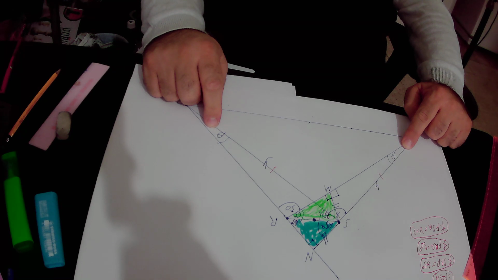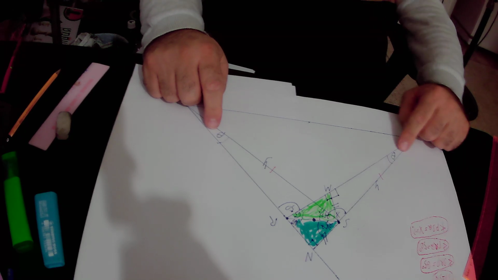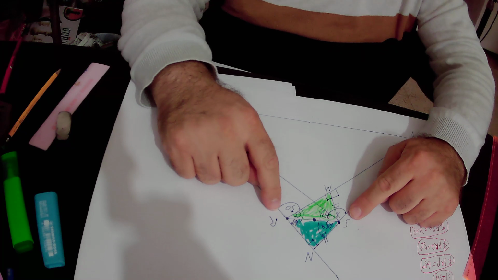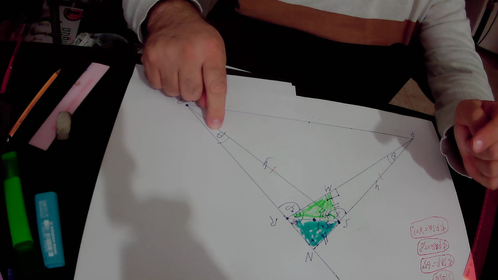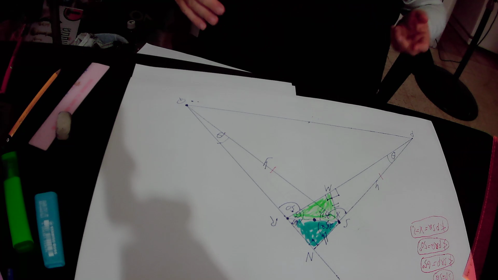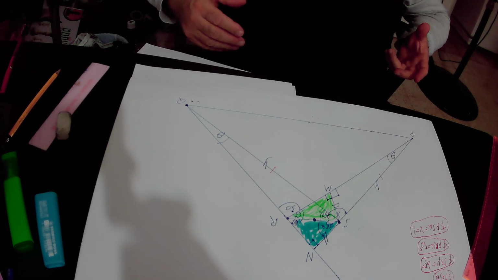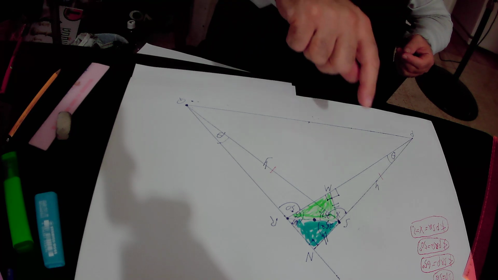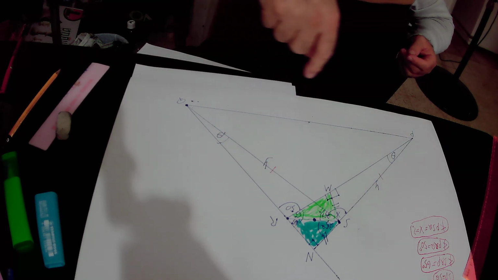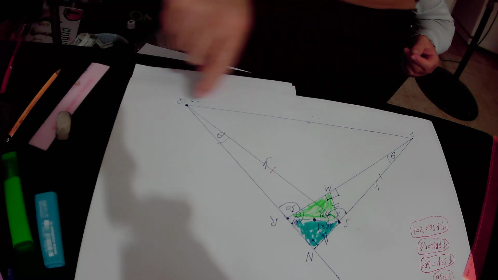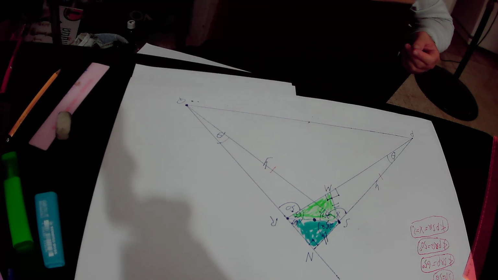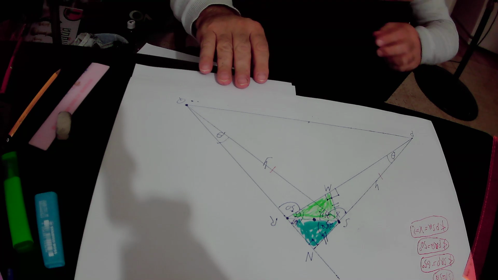Both of them are equal to theta, and those two angles subtend on the segment line SR. This angle theta subtends on SR, and this angle theta subtends on the same segment line SR. Therefore, according to rule number 2, the quadrilateral SRPQ is inscribed by a circle, and the 4 points S, R, P, and Q lie on that circle.